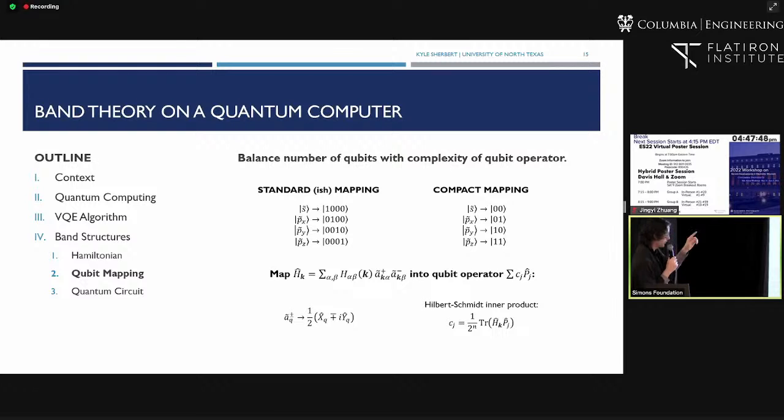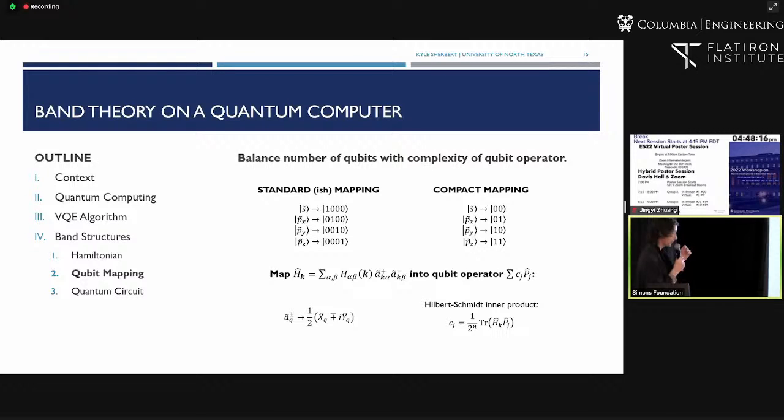So I'm just showing 2 different ways of mapping the basis orbitals, S and P, onto the computational states. And of course, what we want to do is to find a quantum state, which is a linear combination of these orbitals that gives us the eigenenergies. But the mapping between basis element to basis element is going to be 1-to-1.